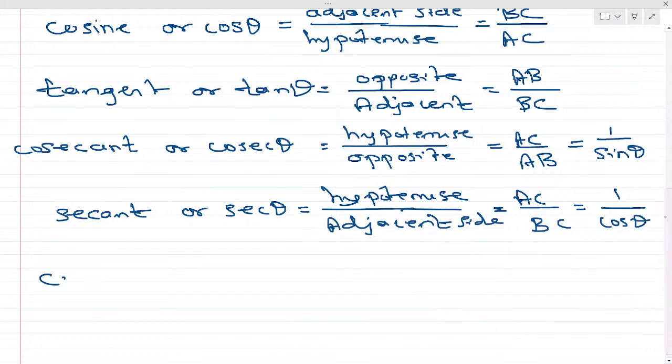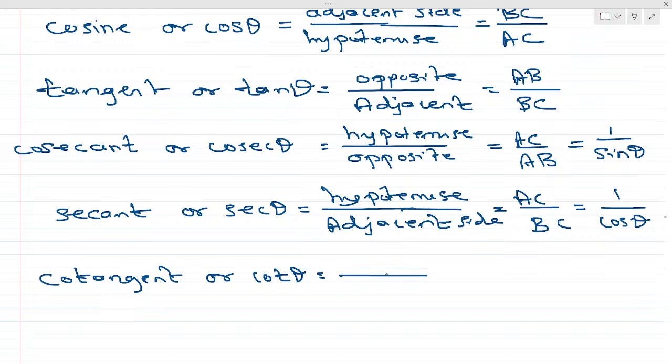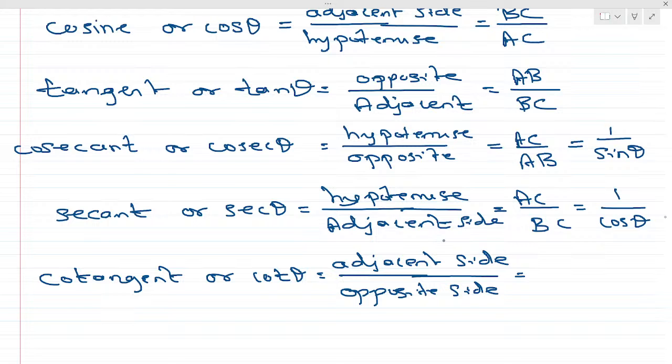And the last one we have is cotangent, or cot theta, which is adjacent side by opposite side. Looking at the triangle, the adjacent side is BC and the opposite side is AB.